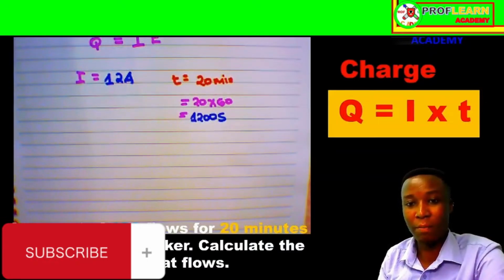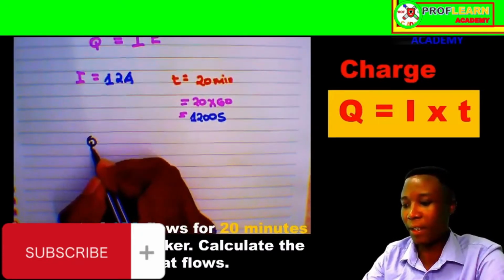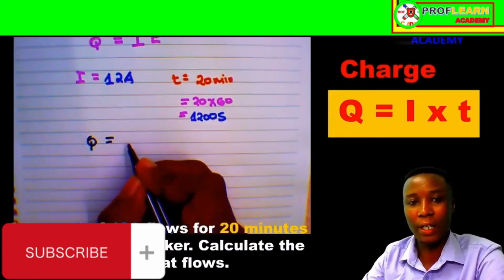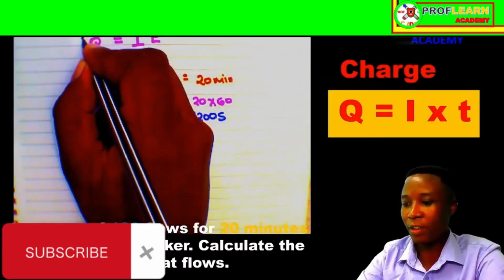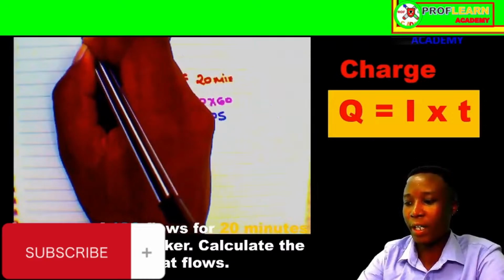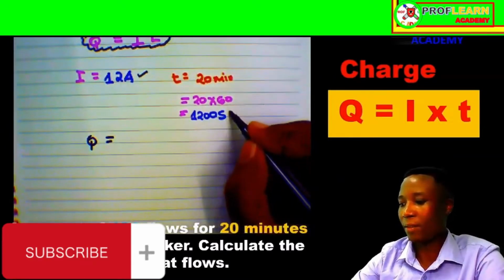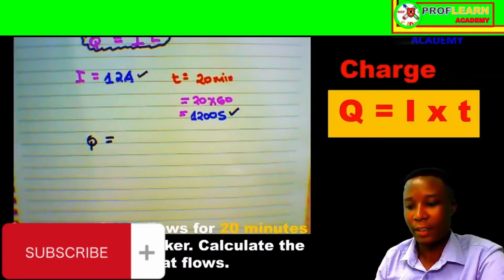Then after we've done that, we need to use the formula, substituting what we have, so that we can work out the charge. Our charge is given by Q equals current times time. Now we have our current, 12 amperes, and our time, 1200 seconds.